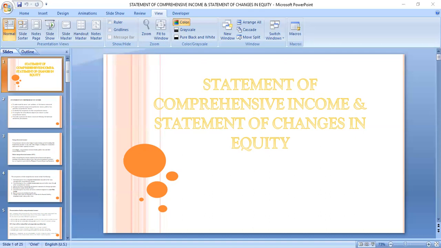D, gain or loss attributable to credit risk of a financial liability designated at fair value through profit or loss. The gain or loss may be recycled subsequently within equity or retained earnings.